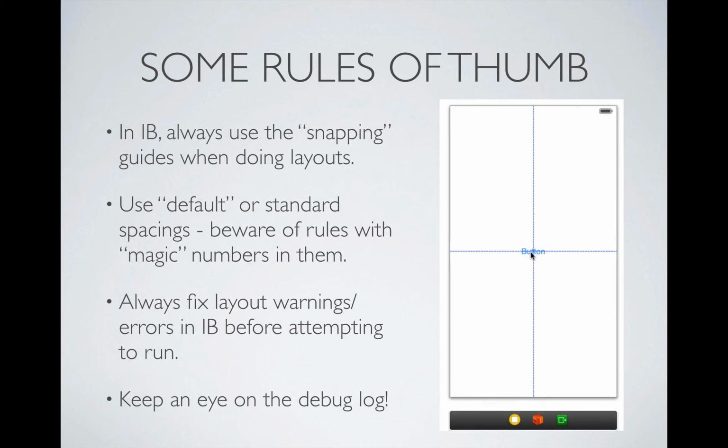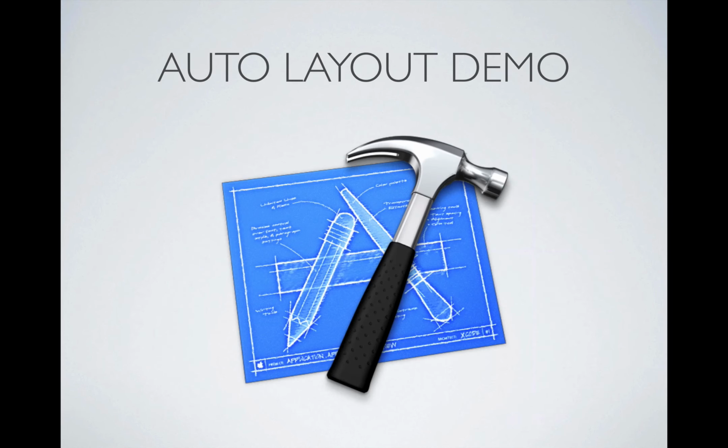And believe it or not, once you get your mind around that output, it'll actually help you figure out which of the controls are involved in the problem within your Interface Builder layout. So when you do crash because of invalid constraints, make sure you keep an eye on that debug log. As you get better at understanding that output, it's going to be very useful in finding what the problem is.